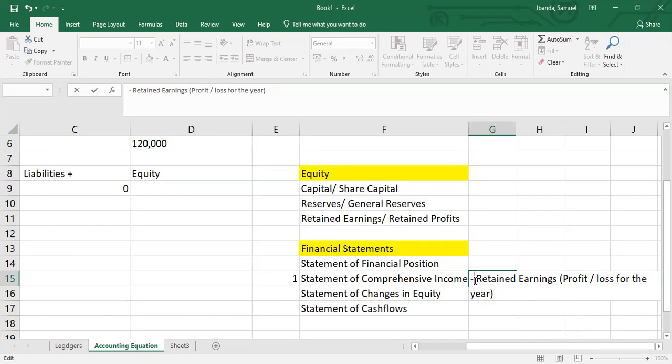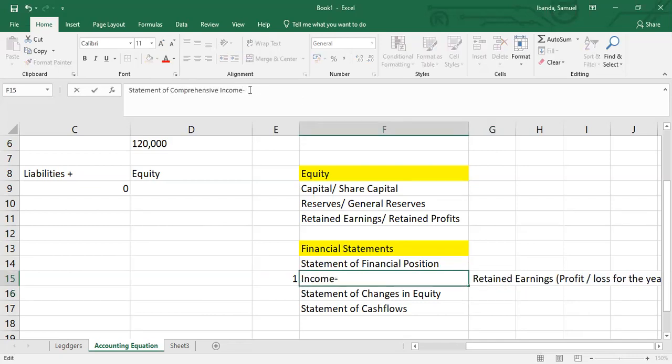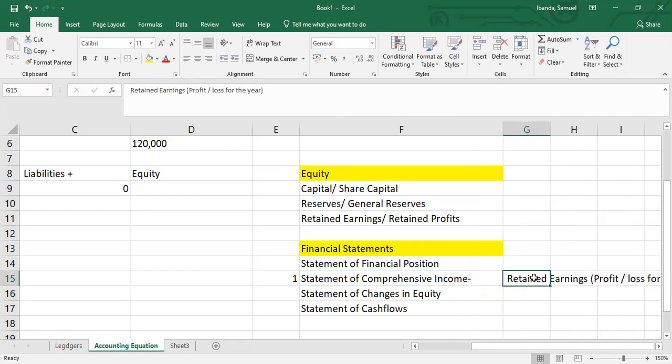So this itself is what comes from the statement of comprehensive income to go to the statement of financial position.